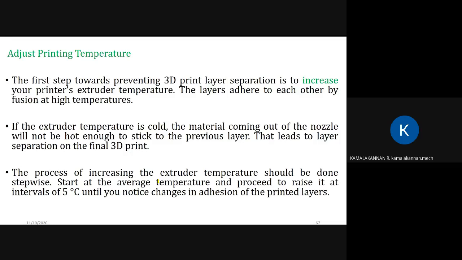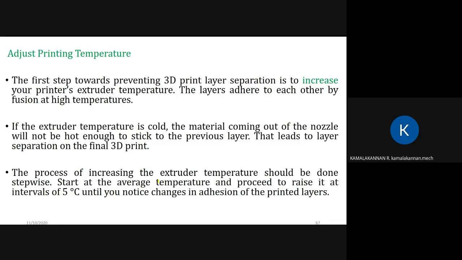Because we are using thermoplastic here. The input will be in solid form, and the output is in a semi-solid, might be liquid, form. So the temperature we maintain is important to have good bonding with the second layer.